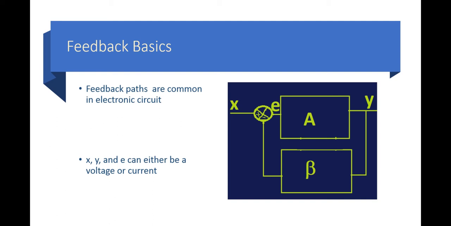Whereas if X and E are currents, and so is the output of the feedback block beta, then the feedback signal has to be connected in shunt with X, because currents can only be added or subtracted in shunt. We will see this point in more detail as we discuss each type of feedback.